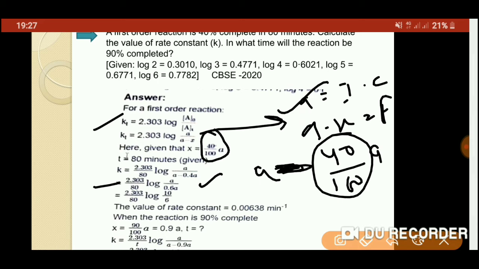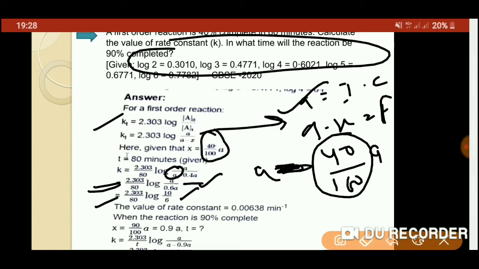So 2.303 upon 80 log a upon a minus 0.4 a, which gives 0.6 a. So you will get 2.303 upon 80 log 10 upon 6, and the value you have to check from the table above. Put the value of log 10 equal to 1, and the value of log 6 you take from the table, 0.7782.